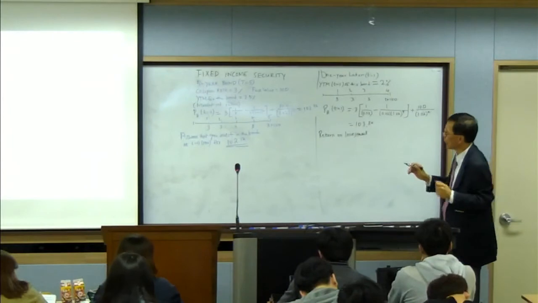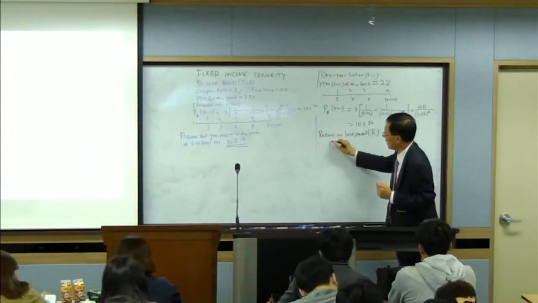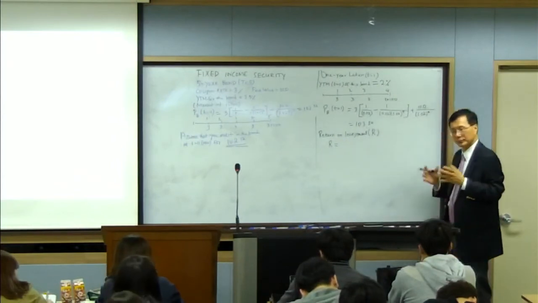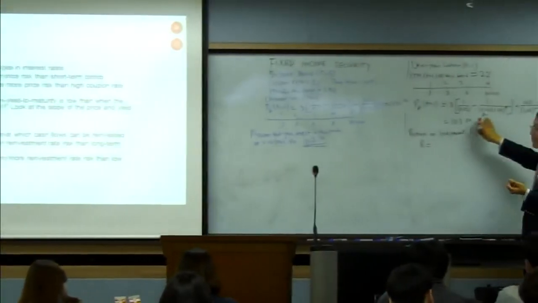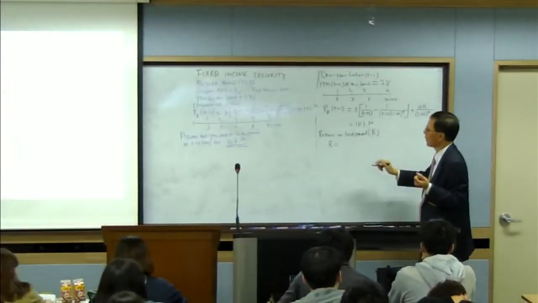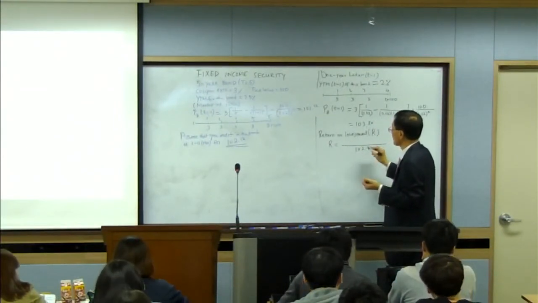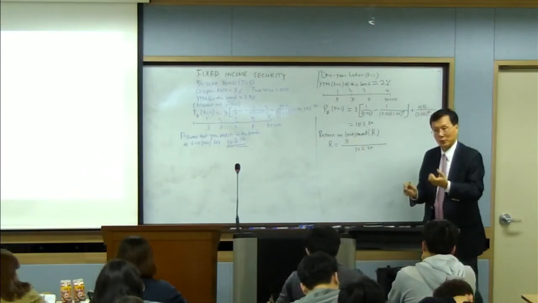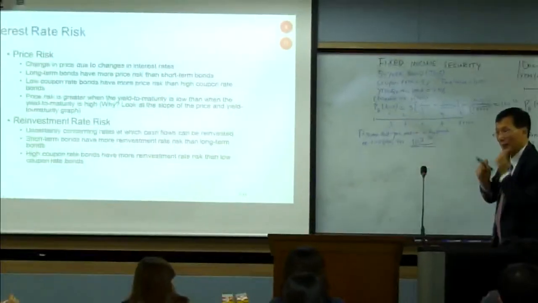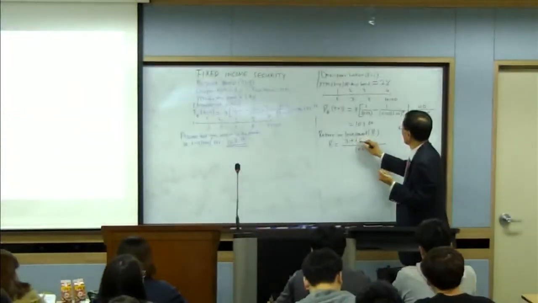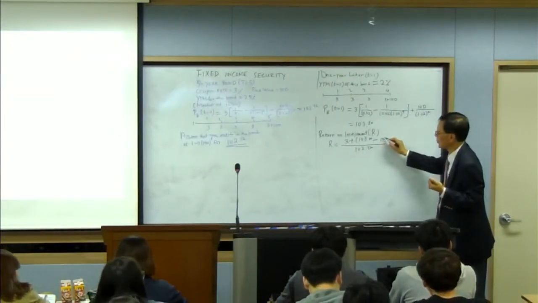Return on investment for one period, let's call it big R, and big R is equal to, let's say that you buy at 102.32, and you get the first coupon payment of 3, and you sell it at 103.80 minus 102.32.